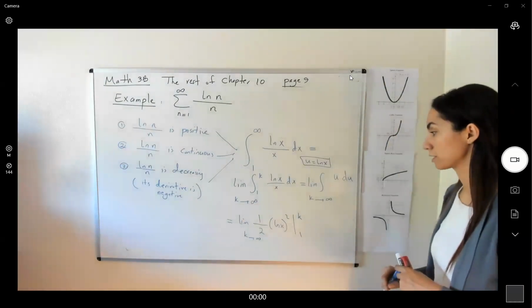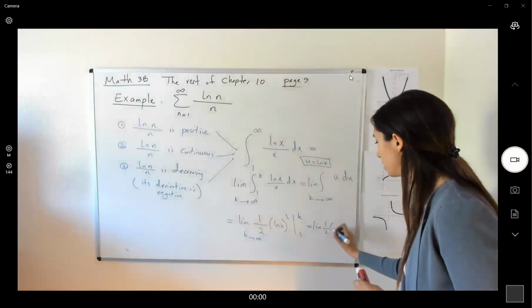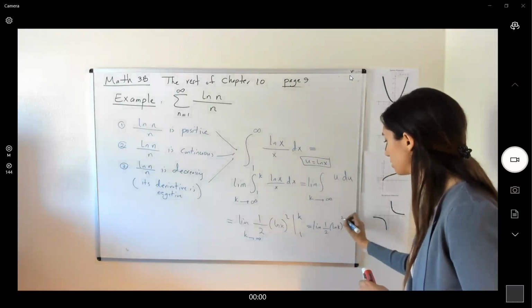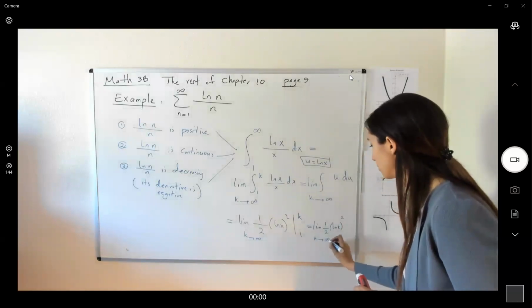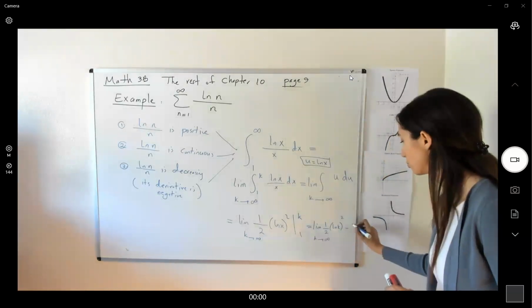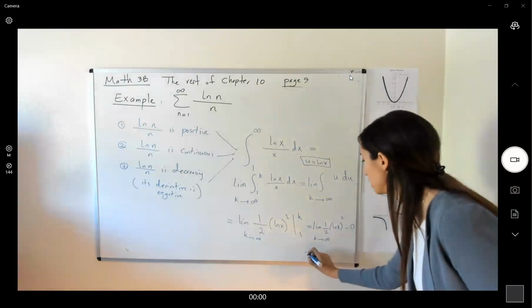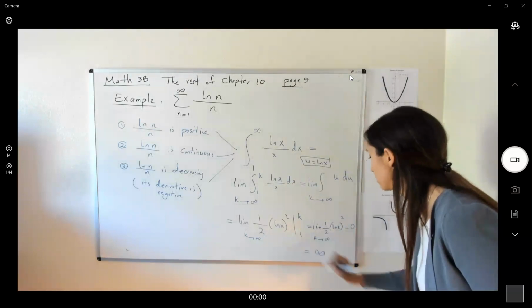Okay, perfect. I have limit of a half ln of k squared, k goes to infinity, minus, if I plug in 1 for ln, it's going to be 0. ln of k at infinity is infinity.